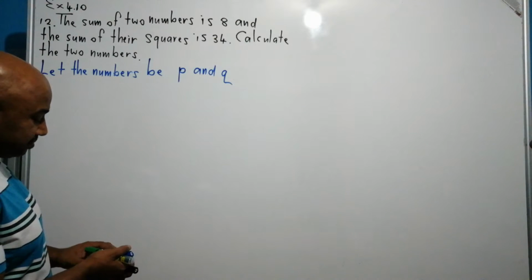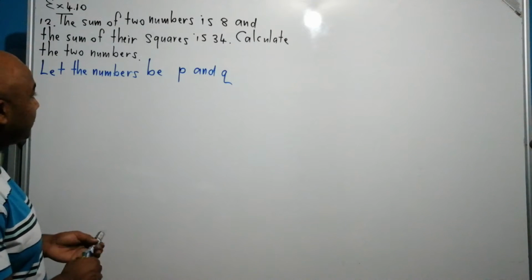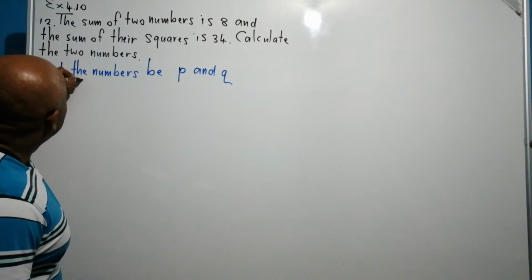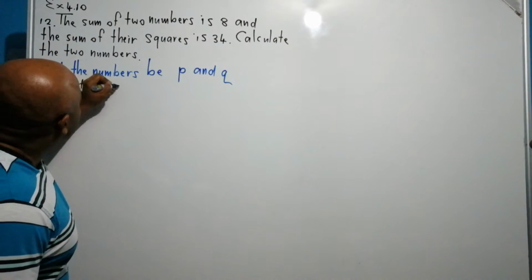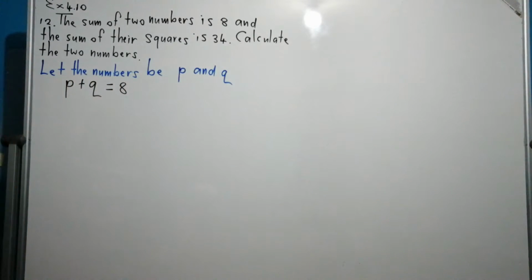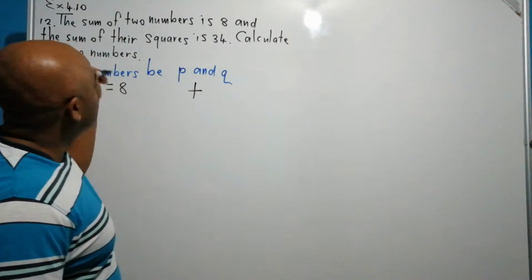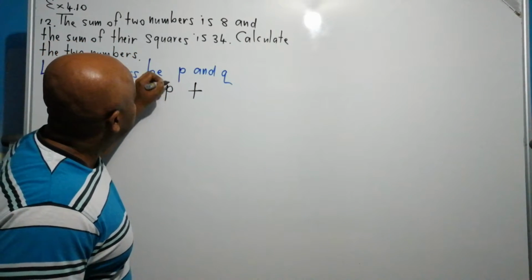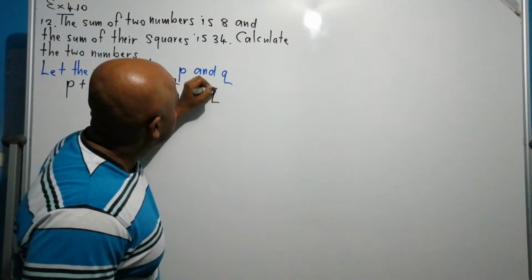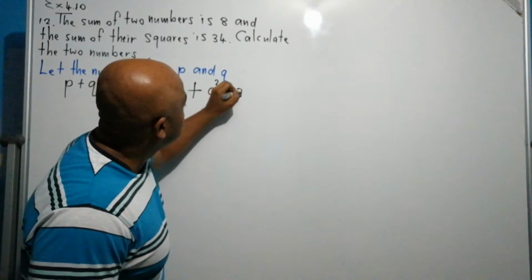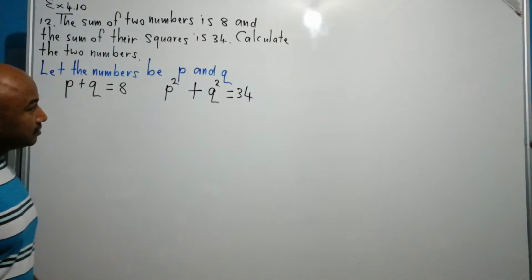So therefore, P plus Q is equal to 8. That's straightforward. And the sum of their squares is 34. So again, sum of their squares, that means P squared plus Q squared is equal to 34.